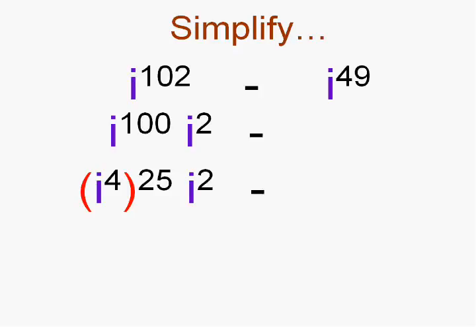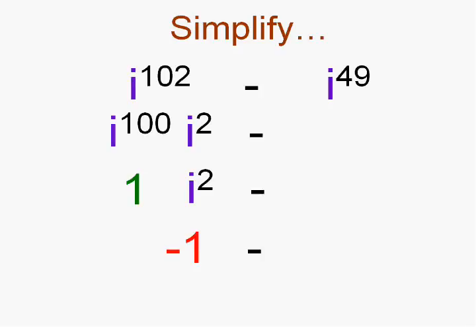It's i to the 4th to the 25th, because you know your rules of exponents with parentheses there, you multiply. So this portion of it is just 1. And 1 to any power is 1. So now, you've broken it down to just really i to the second. And that's minus 1.